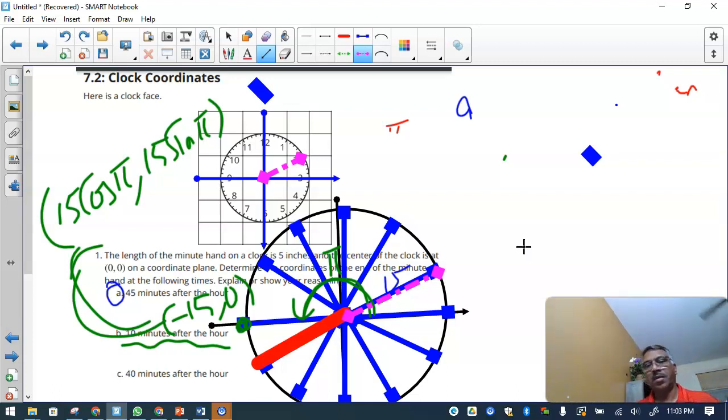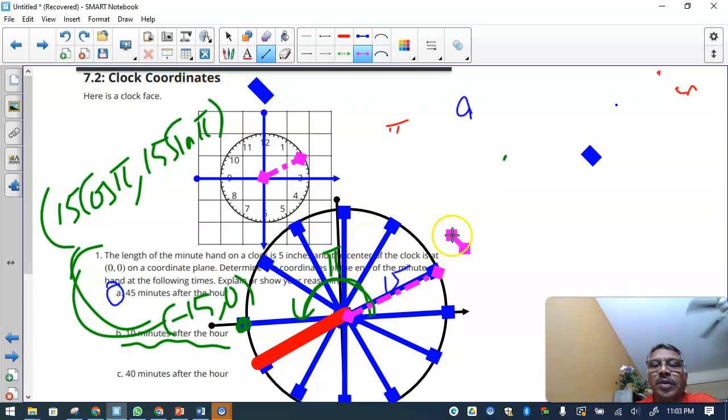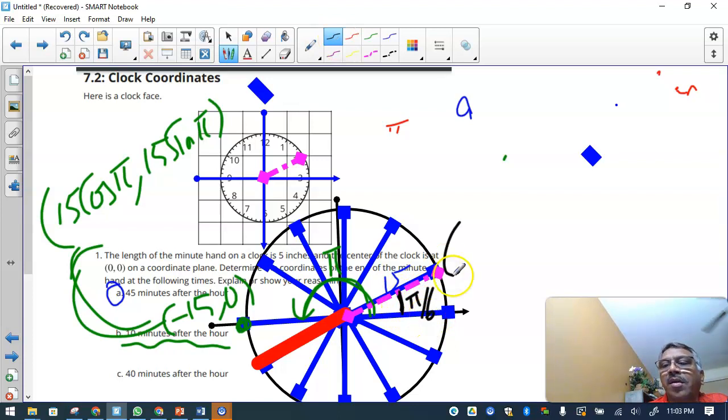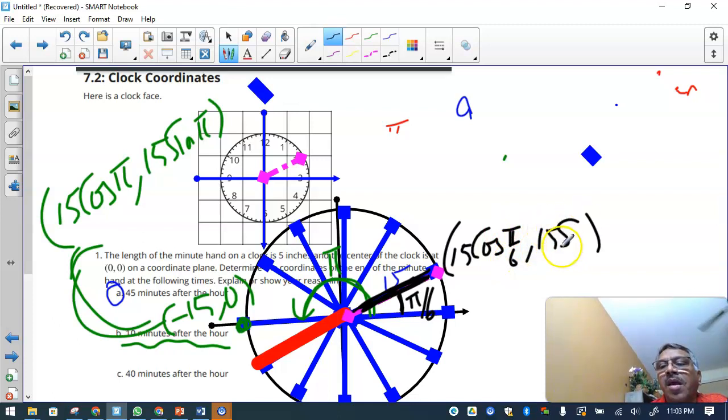So this is pi by 6, right? The only change now is the hypotenuse is 15. So you write 15 cosine of pi by 6 and 15 sine of pi by 6. That's all you're writing.